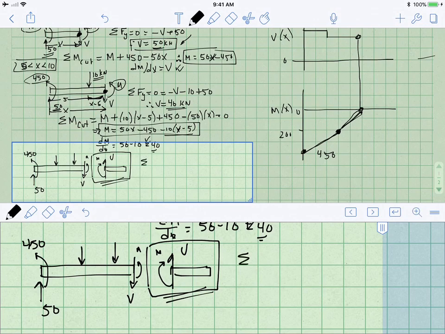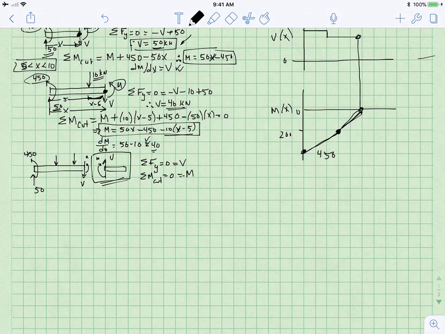So when we sum the forces in the y direction and set them equal to 0, we see that shear is equal to 0. And when we sum the moment at the cut and set that equal to 0, we see that minus M is equal to 0. So therefore, shear and moment are both 0 for this last part of the curve.